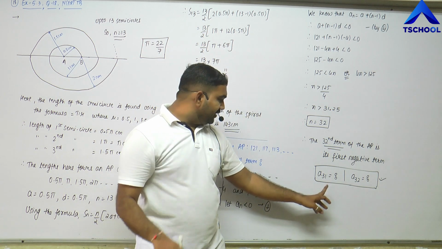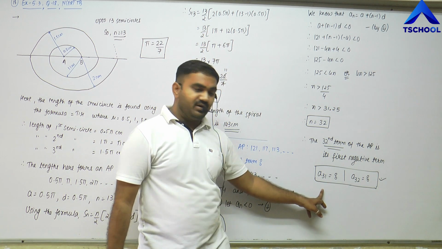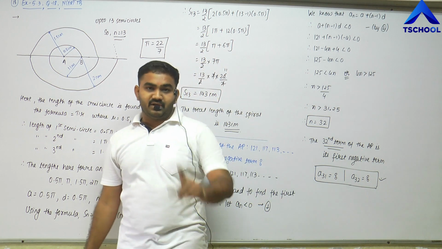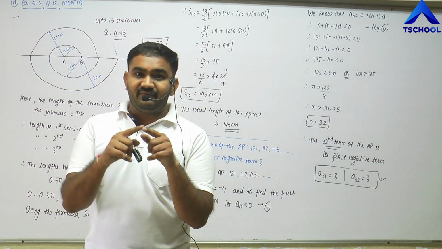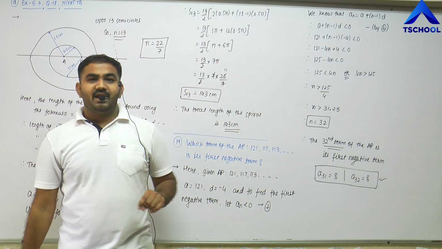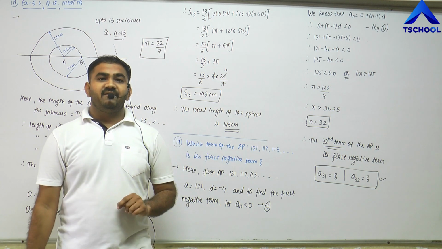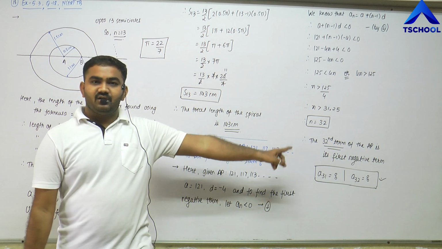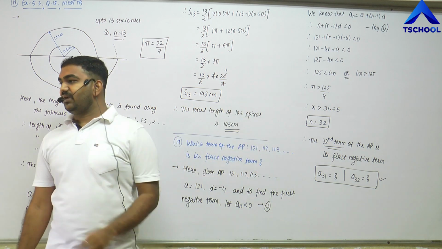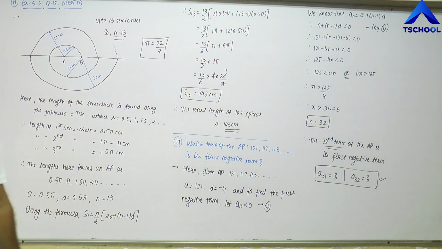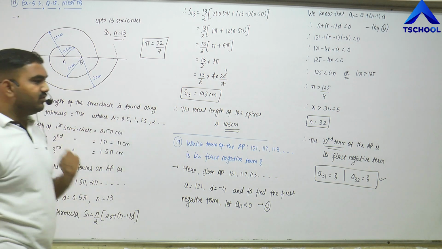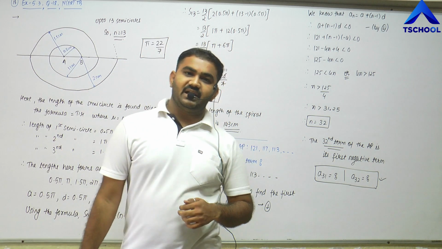I bet you that you will get a positive value for A31 and a negative value for A32. That is the final thing you can conclude from this question, that the 32nd term of the arithmetic progression given to you here is its first negative term.